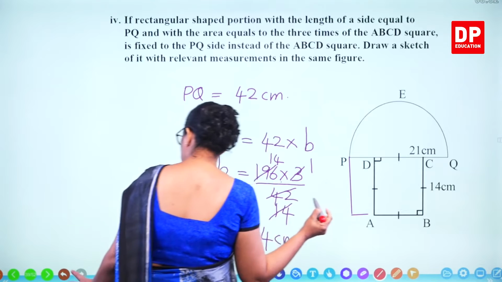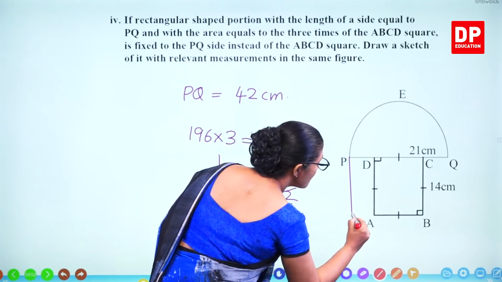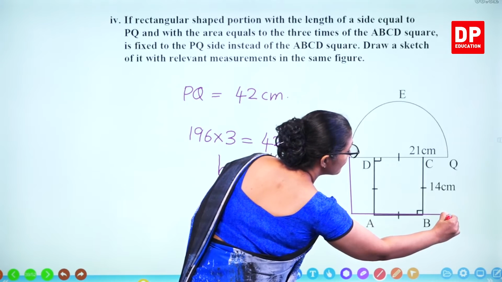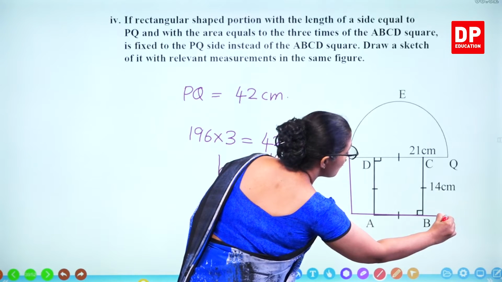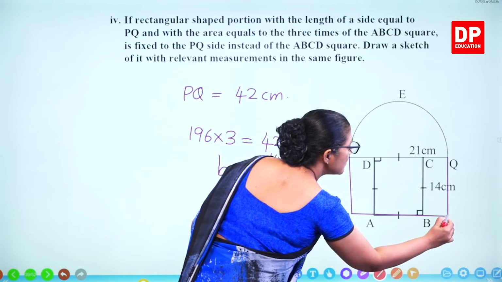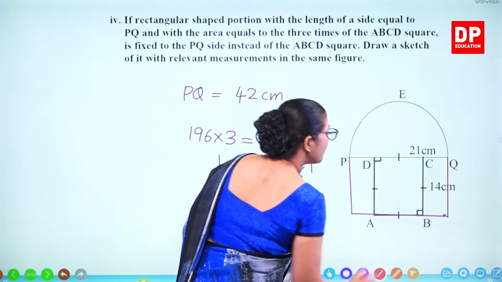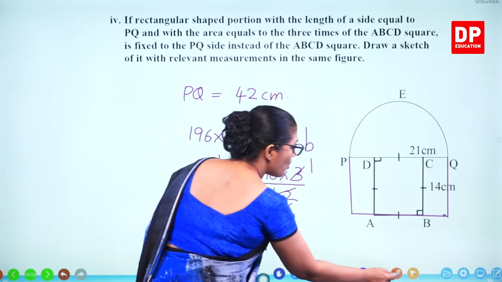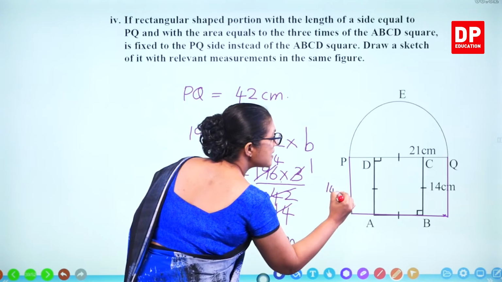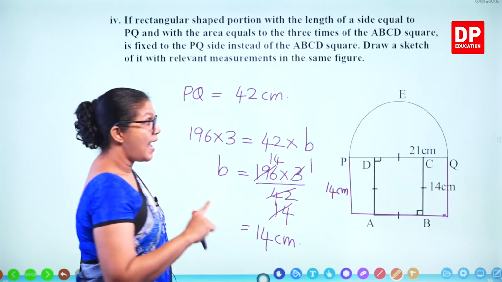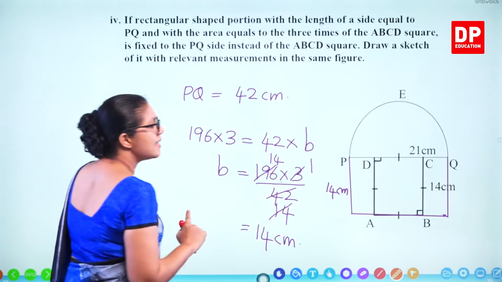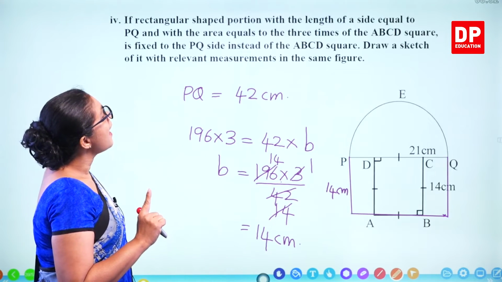So you can continue this rectangle. So this is what the shape is. It's a rectangle. Now this is the new figure. 14 centimeters is the breadth and 42 centimeters is the length of the diagram.